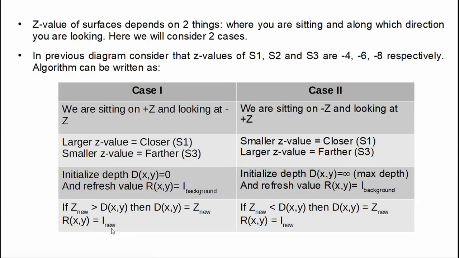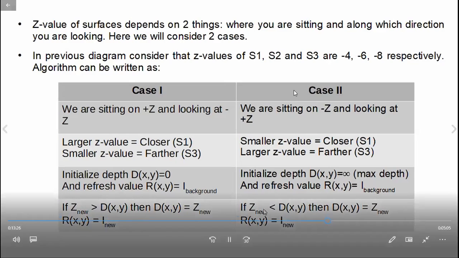Okay, and each time we take a new surface, we will compare it to the previous value. If it is larger, we will replace the previous value, and the corresponding intensity will also be replaced, and so on. Okay, so this is how this algorithm works, and the same applies here also.